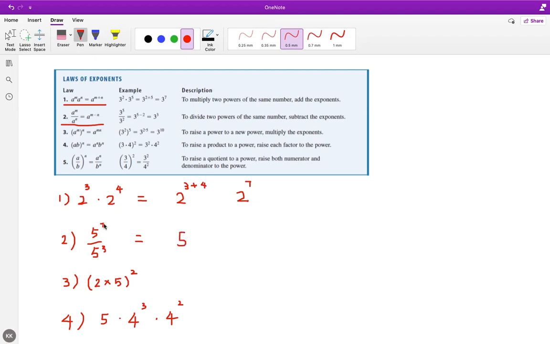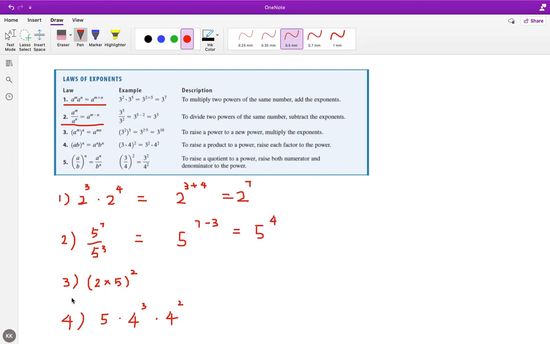Always go from the numerator exponent first, because it's starting from m. So 7 minus 3, and this one equals 5 raised to the 4th power.